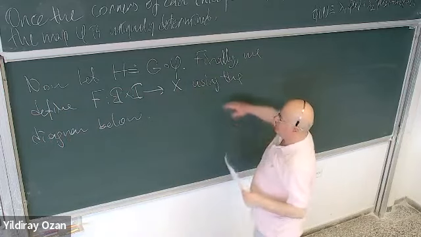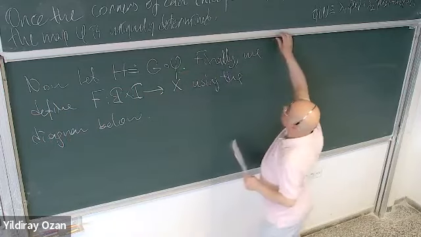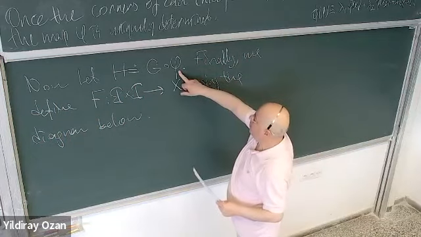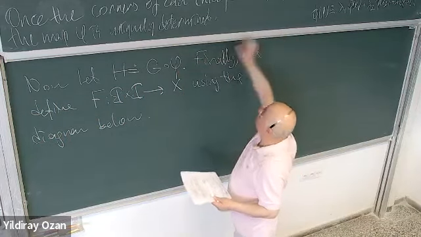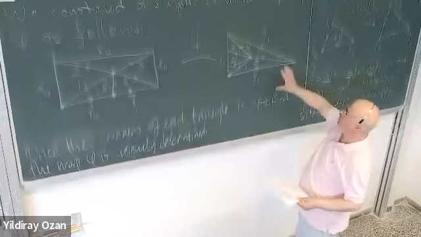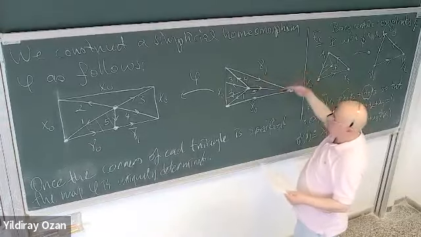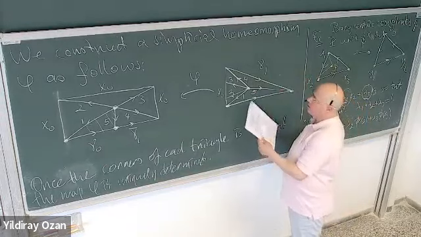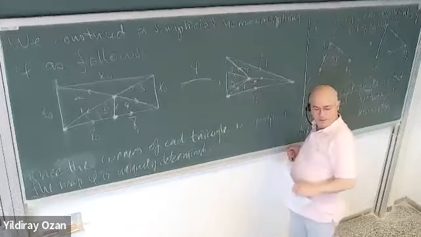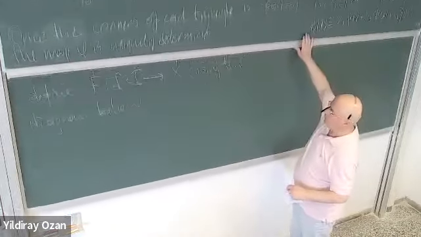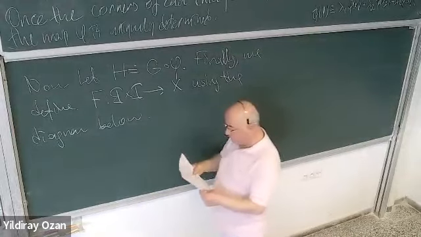Well, the thing here, which is not good, is that this map is not defined on a rectangle. It is defined on a triangle, but our homotopies are defined on rectangles. So we have to modify this picture a little bit, and this is how we do it.